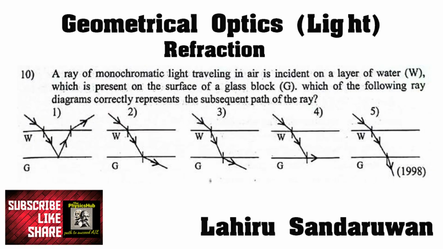A ray of monochromatic light traveling in air is incident on a layer of water which is present on the surface of a glass block G. Which of the following ray diagrams correctly represents the subsequent path of the ray?